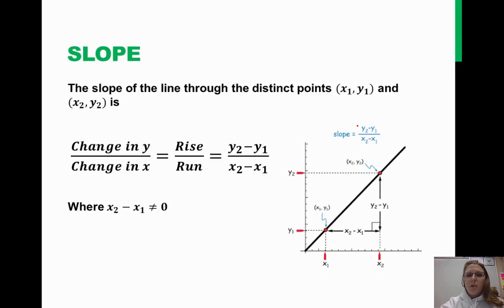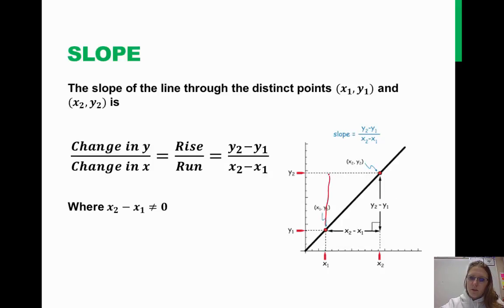So now I want to talk to you about slope. If I have 2 points and I connect them by a line, I have a slope. So if you look at these 2 points here, I have x1, y1, x2, y2. And you notice that the slope of the line is the difference between the y's and the x's. So here I have the rise.